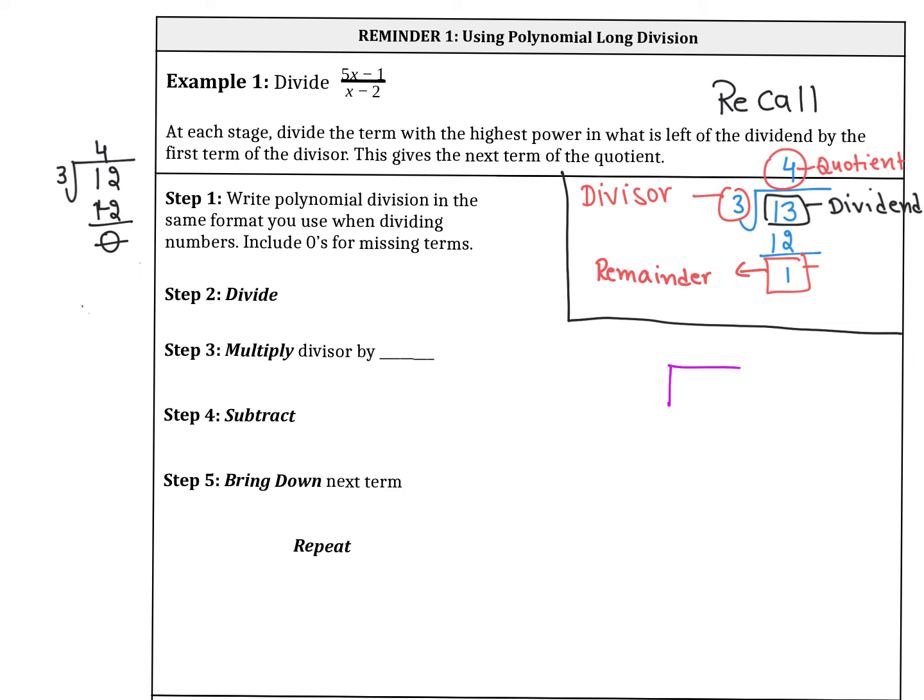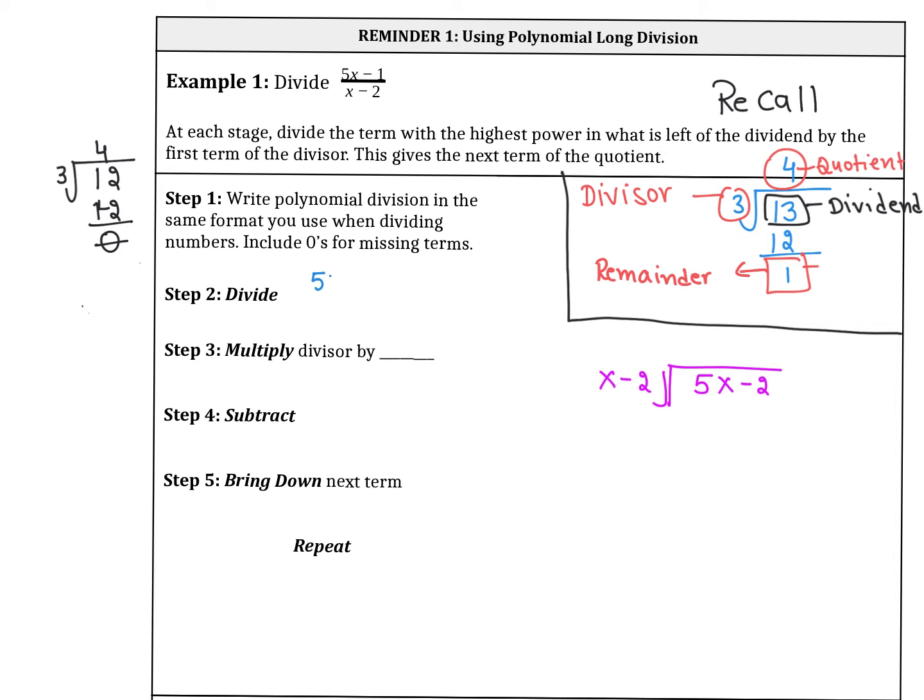How do we do that? So this is my 5x minus 2, and you're going to divide with x minus 2. Step number 1 is that you're going to divide the first term by the first term and see what you get.